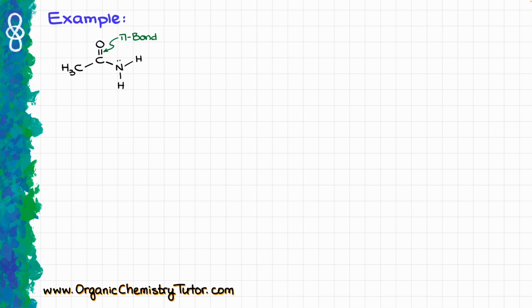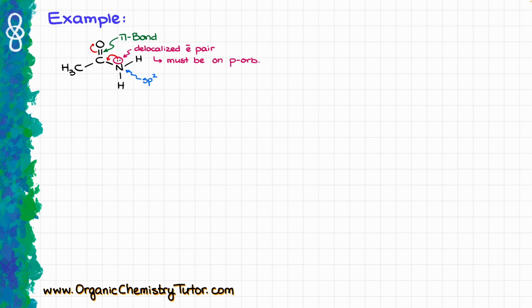But another thing that jumps out at me right away is this electron pair over here. The reason I want to point out that electron pair is that it is a part of the resonance over here. It is a delocalized electron pair. And if I have a delocalized electron pair, it means that electron pair must be sitting on an unhybridized p orbital.